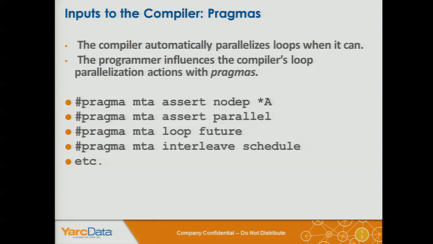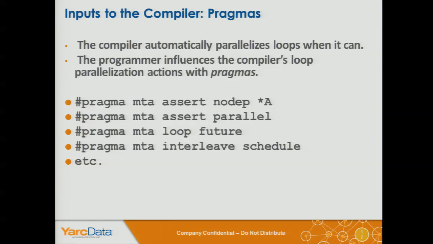I think John already covered the concept of pragmas. You can change scheduling, which might be useful for some algorithms. You can create loop futures, which are separate subprograms, as John mentioned earlier. They look like a C function. It'll spawn a new thread, which will result in an additional amount of parallel work.